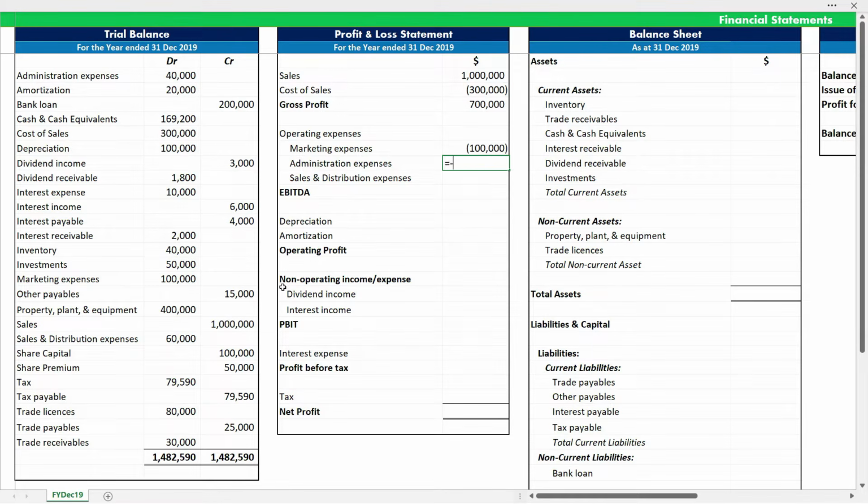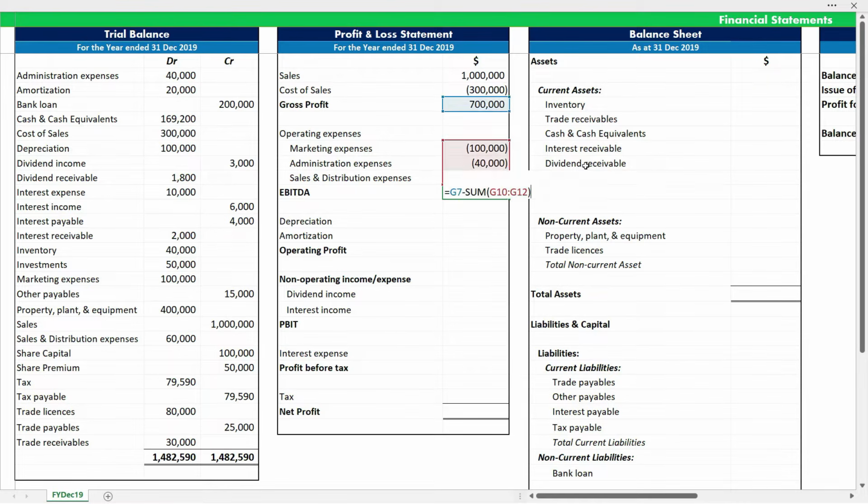Let us move forward to the administration expenses, and then let us move forward to the sales and distribution expenses, and then we can calculate our EBITDA. And how we can do that? We just have to pick up our gross profit value, and then we have to deduct all of these three values. So I would say sum of all of these three cells, and that should give me my EBITDA value.